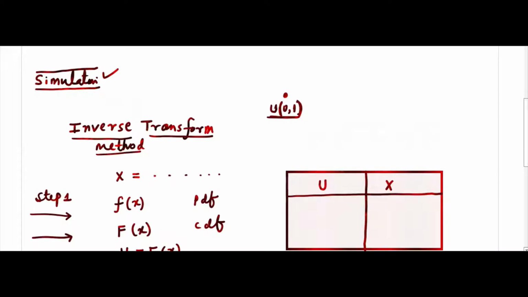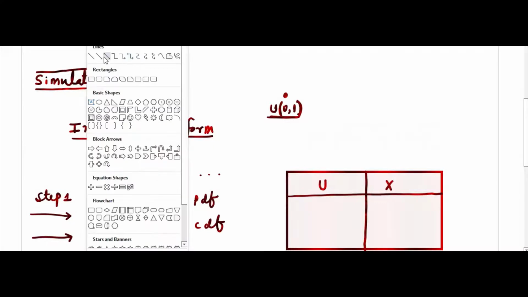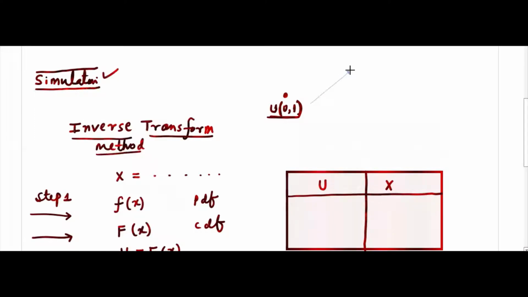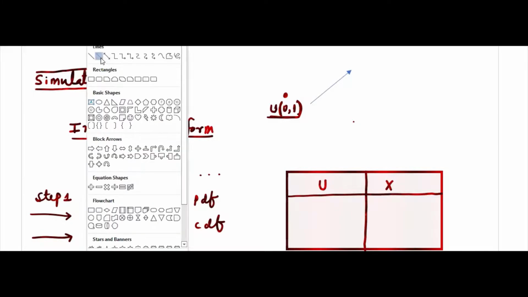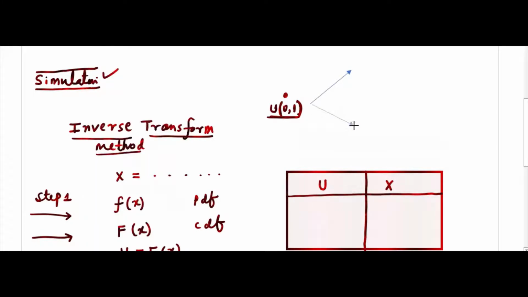That means you first of all need to know u numbers. Whatever distributions you need to generate, you need to know u numbers. If you don't know u numbers, you will not be able to generate numbers from other distributions.